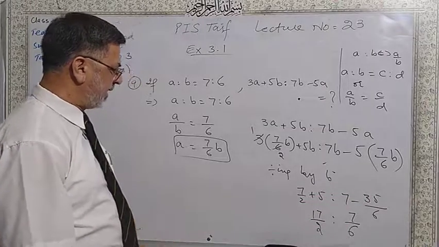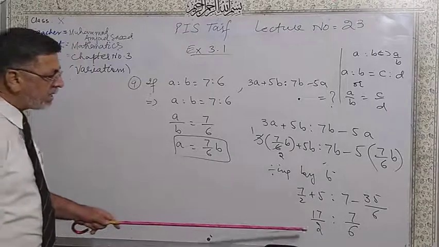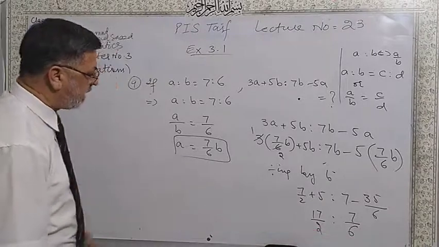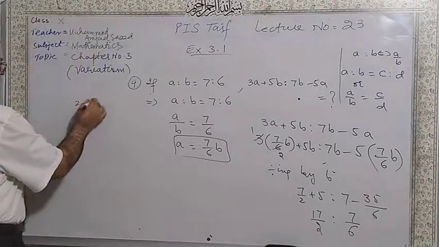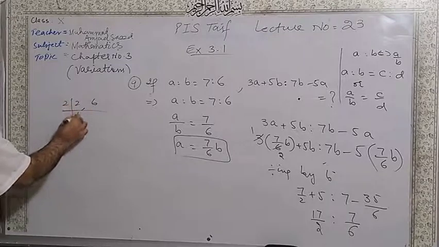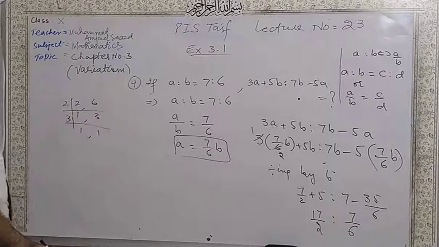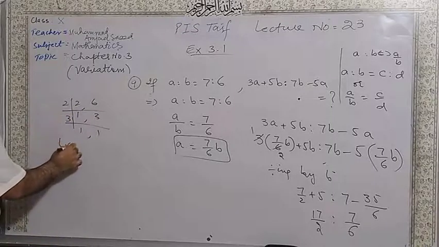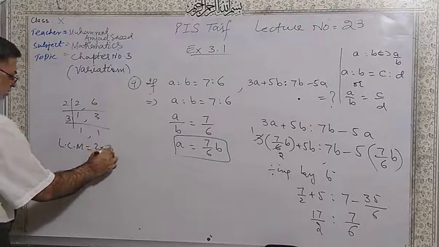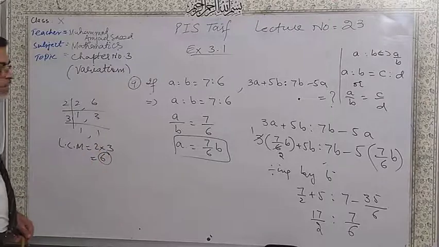Now the LCM of 2 and 6 is 2 into 3 equals 6.